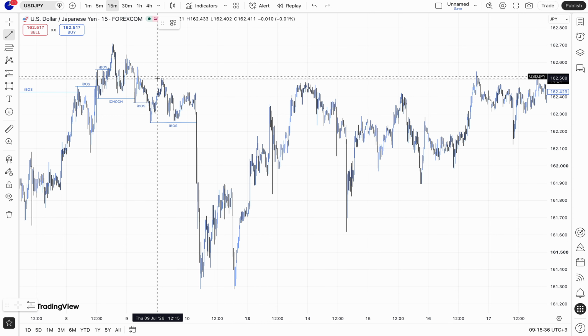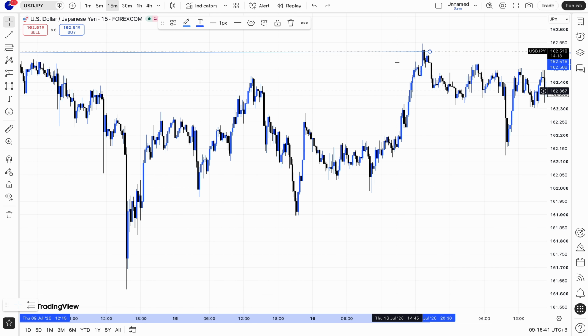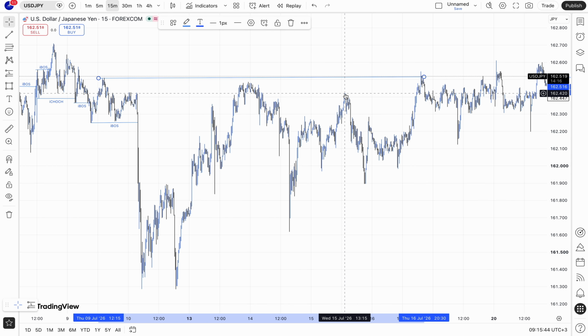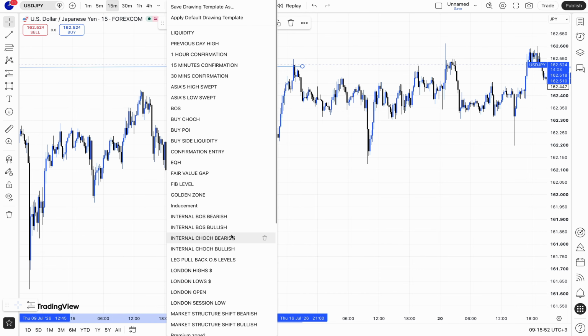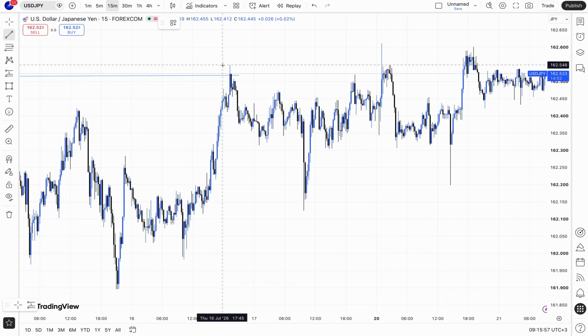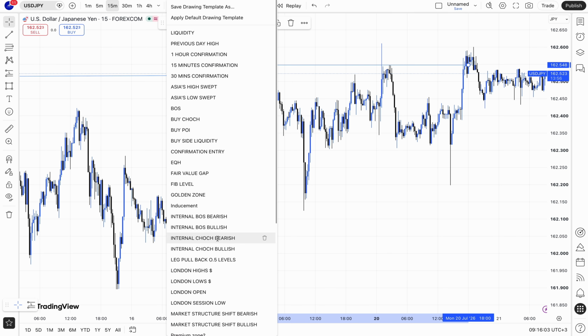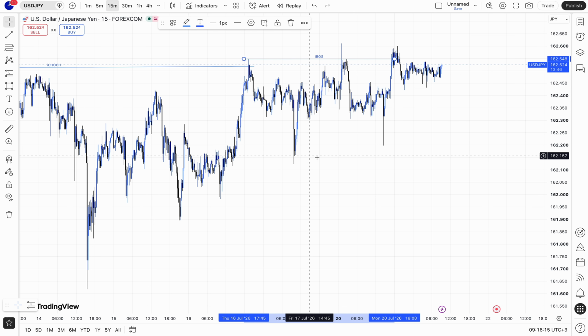Then from here we had our change of character to the upside, and our continuation change of character to the upside. Then from here we had our break of structure continuation to the upside, right?